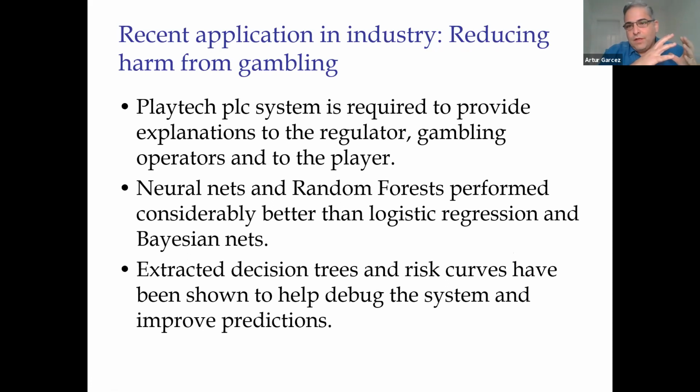A lot of interest has moved on to applications as deep networks became also very relevant in practice. And in my own perspective and experience, we applied ideas of knowledge extraction in the gambling industry to reduce harm from gambling. So you have a system that is trying to predict whether someone may be at harm.